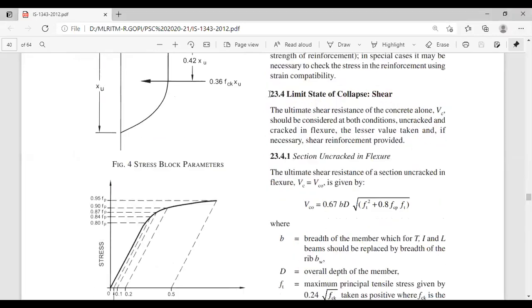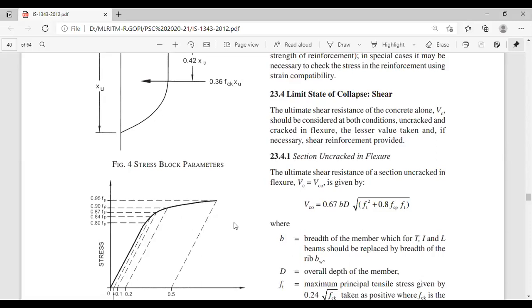So students, here you can see clause 23.4, limit state of collapse shear. So the ultimate shear resistance of the concrete alone. Concrete also has some shear capacity, not that much. We know that approximately 10% of the compressive strength is the tensile strength of the concrete.